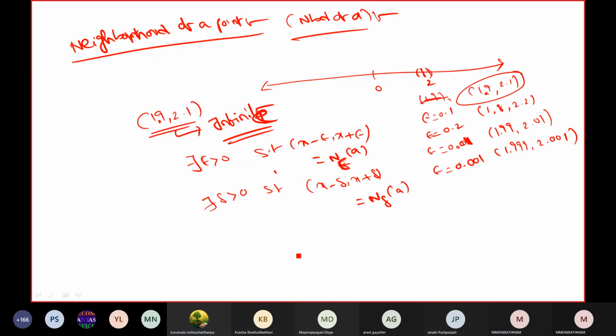Yeah, so that is the neighborhood of A. The same thing when we take in two dimensions. Suppose my point A is small a, like (x1, y1).